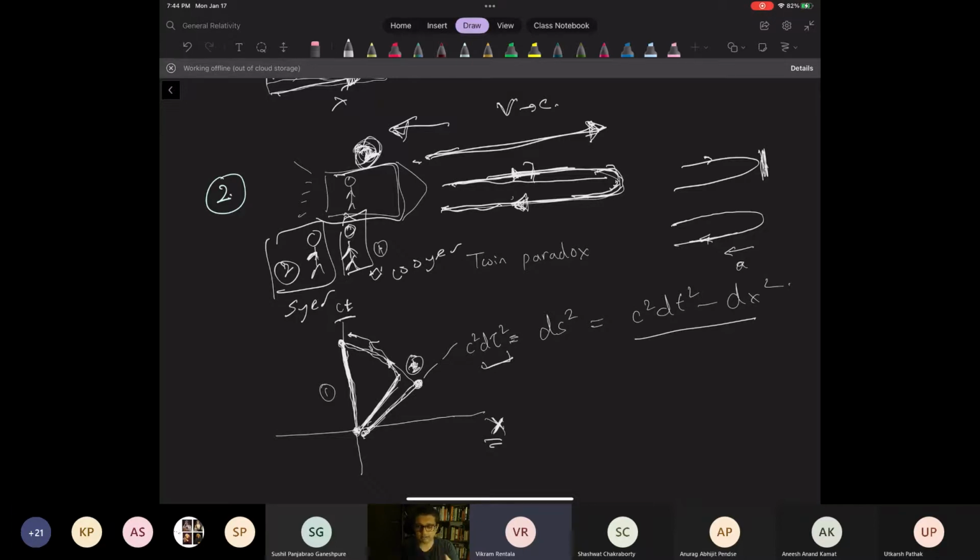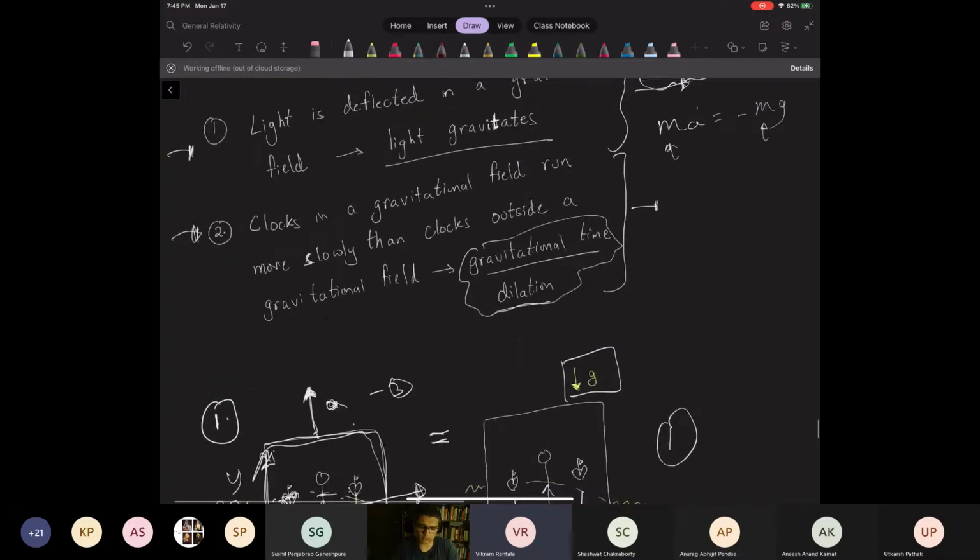It's like being in an accelerated frame of reference, and therefore twin 2, who is in this accelerated frame of reference, should experience gravitational time dilation. That is, time should appear to slow down for them in a gravitational field. So this is one way to understand why clocks in a gravitational field run more slowly than clocks outside a gravitational field. Again, this is a consequence of the equivalence principle.